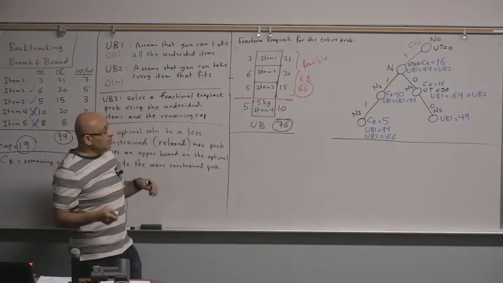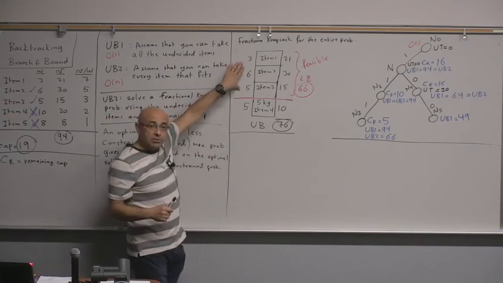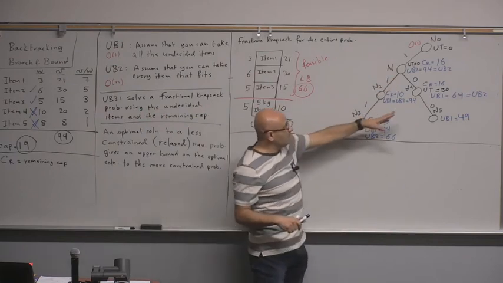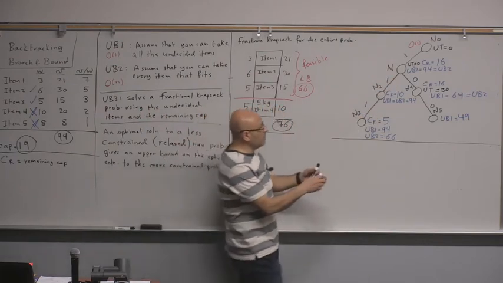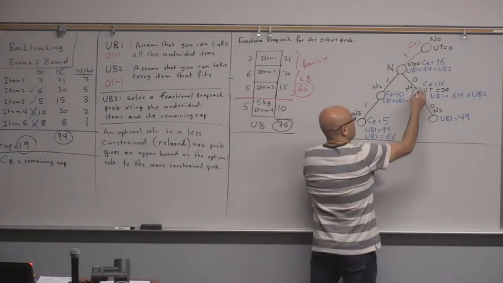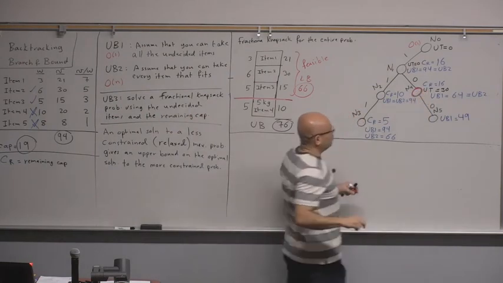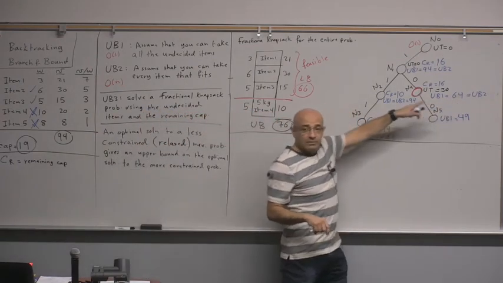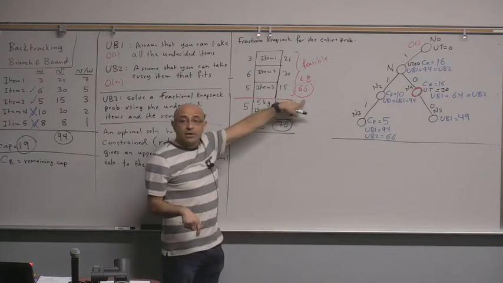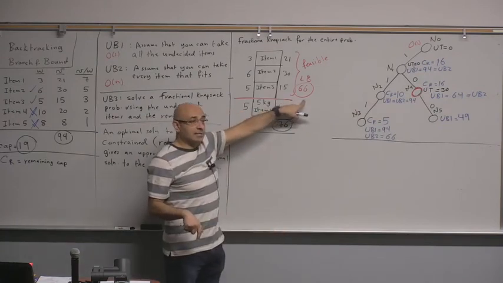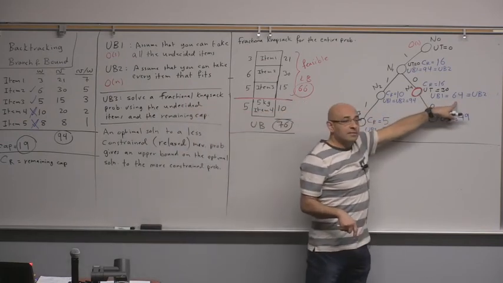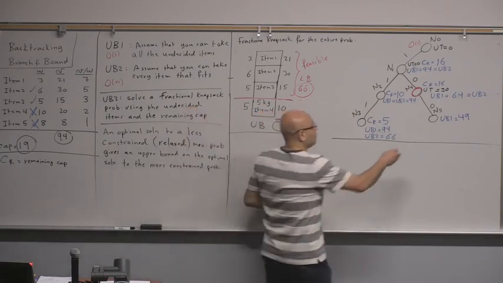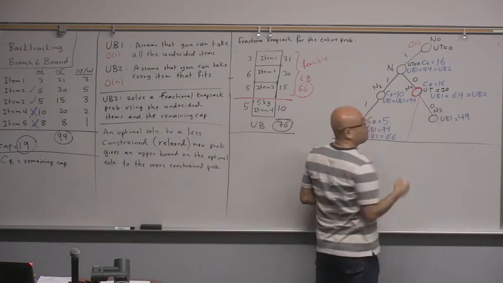Now, what does this mean? Knowing that you have this solution and it's feasible, this will allow you to do some pruning using some of these bounds. It will allow you to do pruning, for example, here. If you get here with an upper bound of 64, 64 is already below this feasible solution. I already have a solution with 66, so I'm not interested in something with an upper bound of 64. So given this feasible solution, I can prune based on this upper bound.